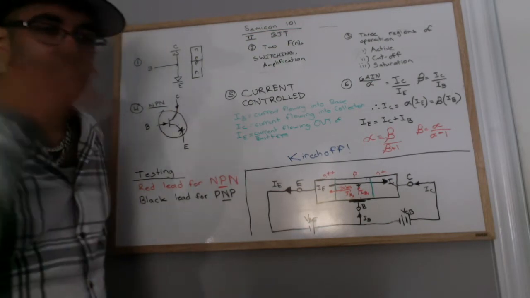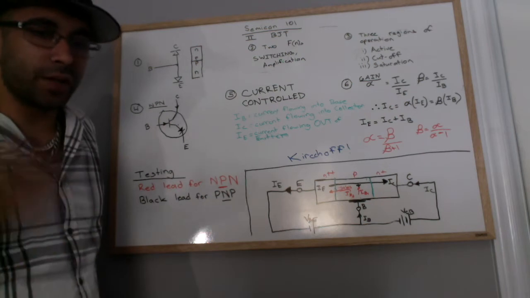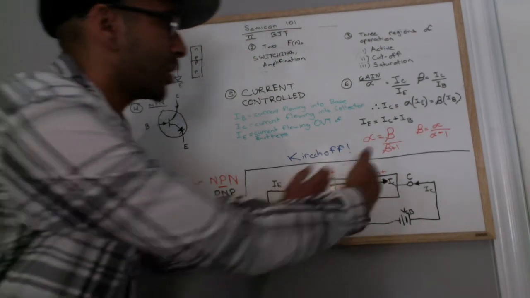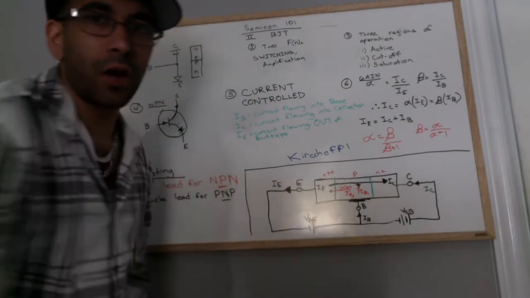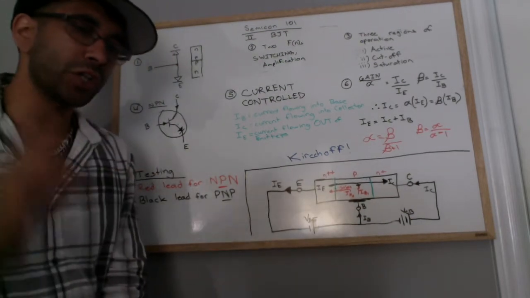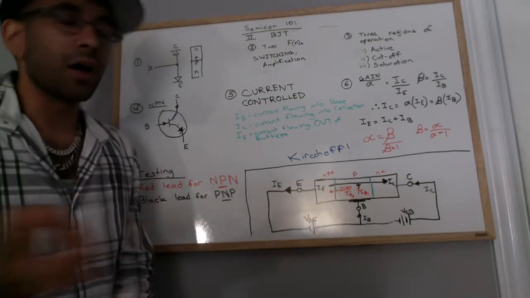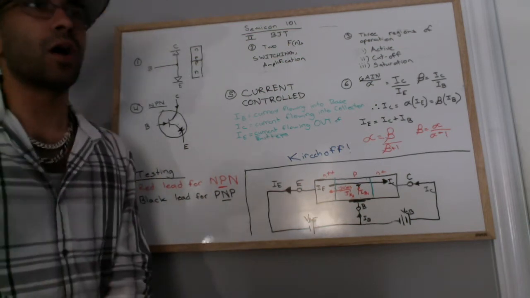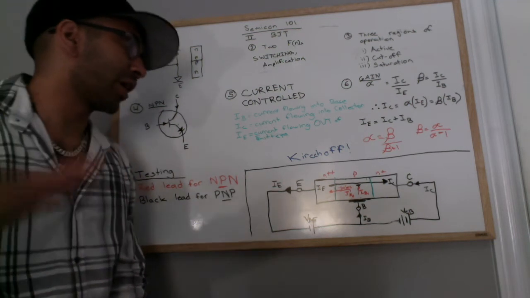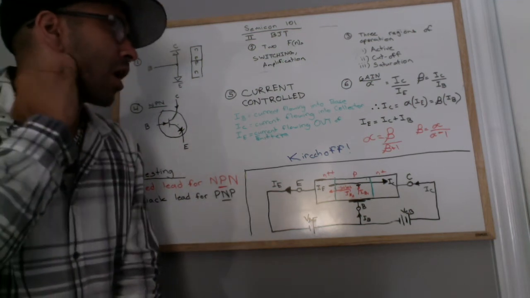Depletion regions and barrier potential, as I discussed yesterday, are in two locations on a transistor instead of just one on a diode. Diodes have one junction, transistors have two. Actually, there are transistors that have more than two junctions, but we're not getting into that till next year.